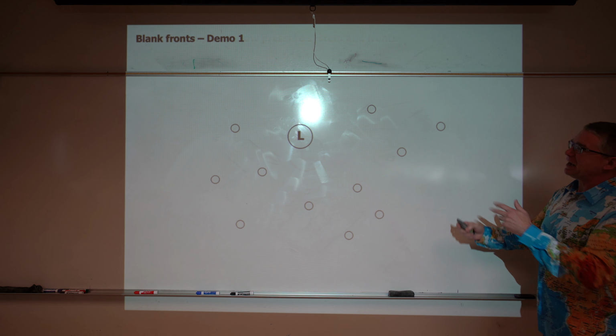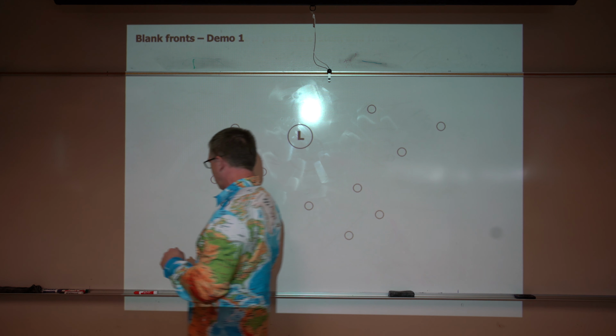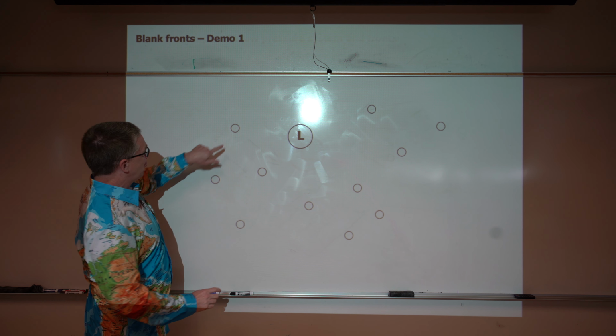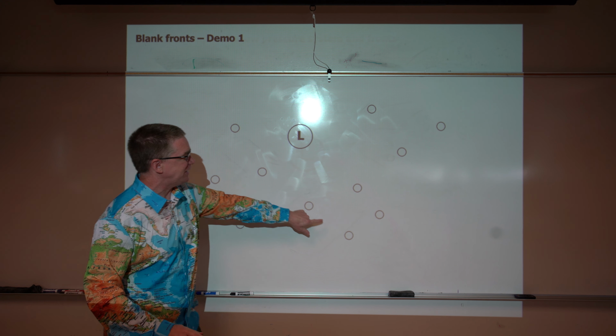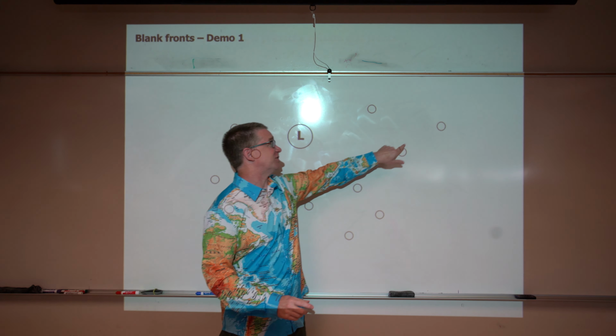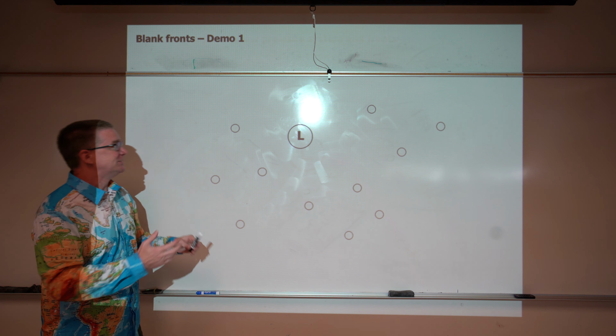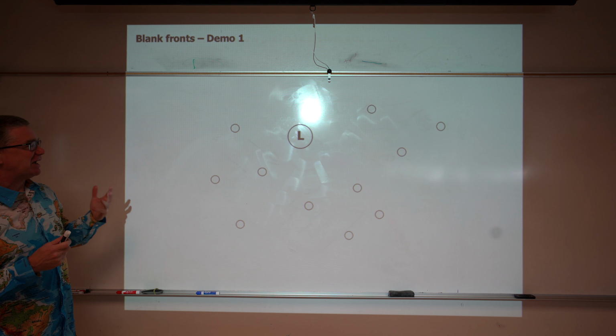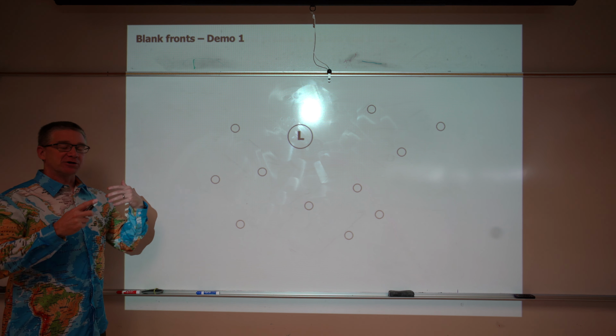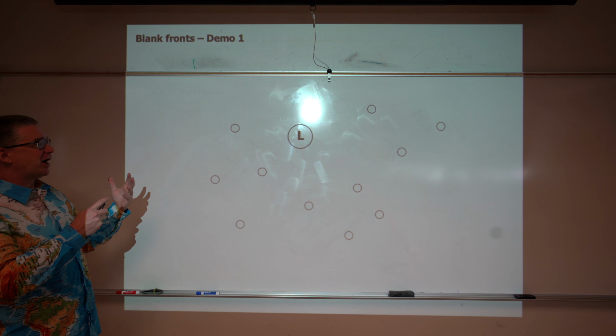All right, so in this example, we're going to have, again, another low pressure system. And these little circles are going to be our synoptic weather symbols. And we're going to put in just some random generic ones here and see if we can't figure out where our cold front and where our warm front might be.